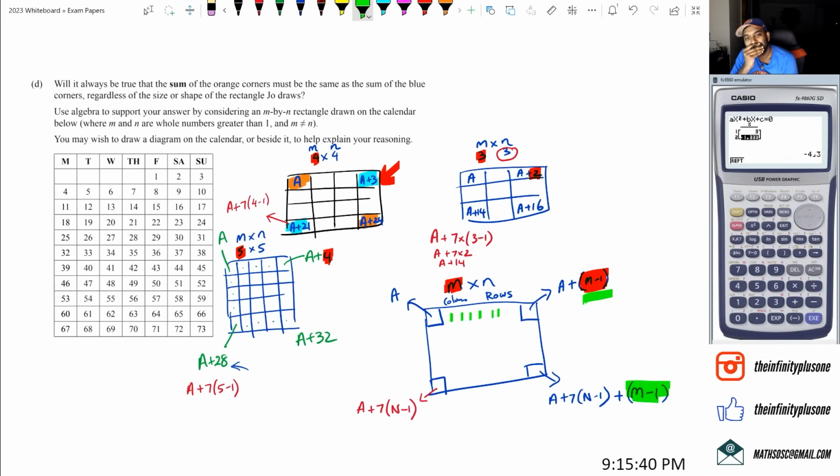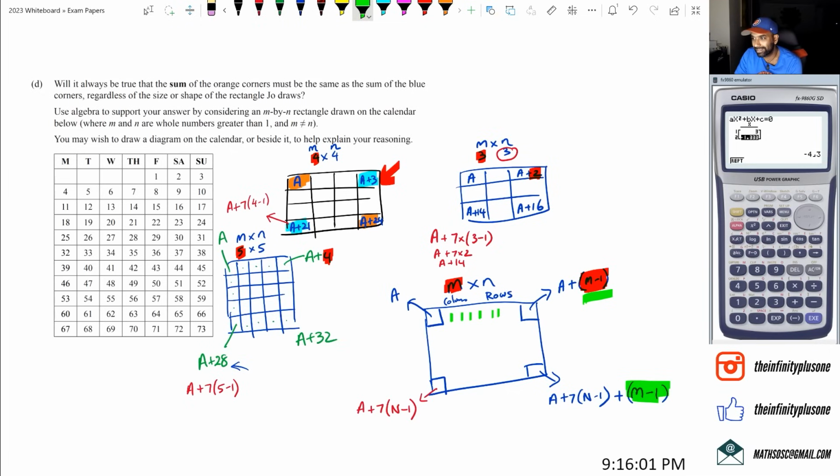Now like I said to you guys before, some of these questions I can see happening in my head, but trying to communicate that to you is quite tricky. But I'm hoping that I made sense, because this is literally the trickiest part of this question.